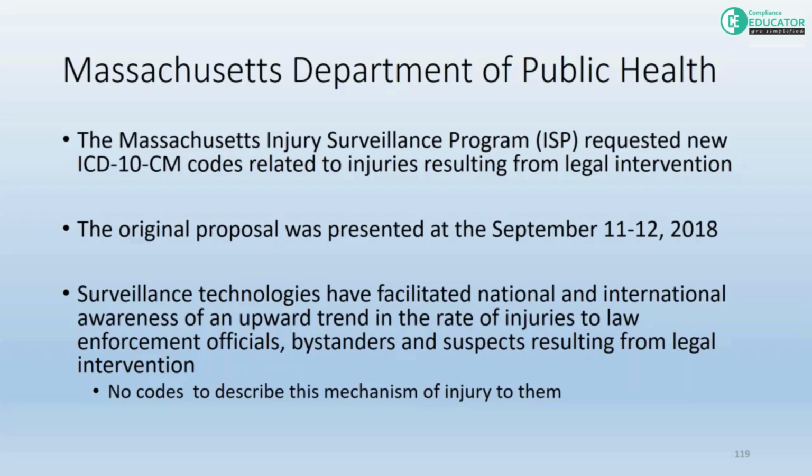However, the ICD-10 system does not appropriately describe modern-day mechanisms of injury to a suspect, bystander, or law enforcement official. Lack of concise data is a barrier to fully understanding the origin and downstream effects of injury from a legal intervention. So the current category Y35, legal intervention, does not completely capture mechanisms of injury in a modern-day encounter.